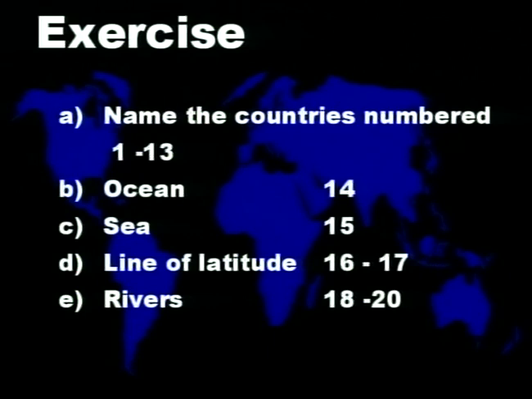Let's look at activity D. Activity D covers numbers 16 to 17. Those numbers are supposed to represent lines of latitude. So you are going to write the name of the two lines of latitude that are numbered 16 and 17. And finally, exercise E, numbers 18, 19, and 20 are supposed to represent rivers.